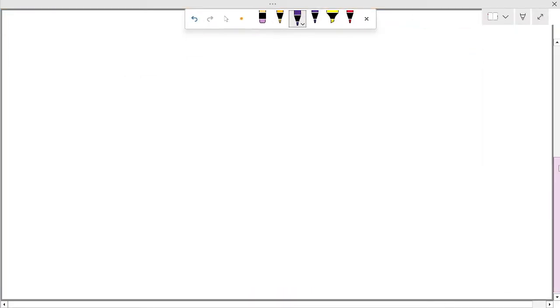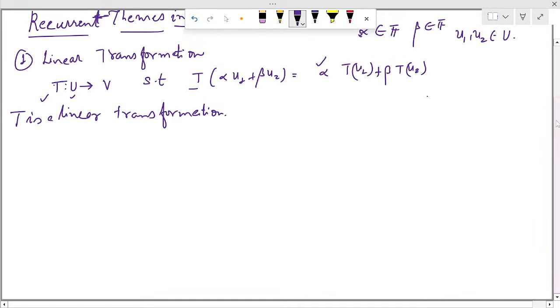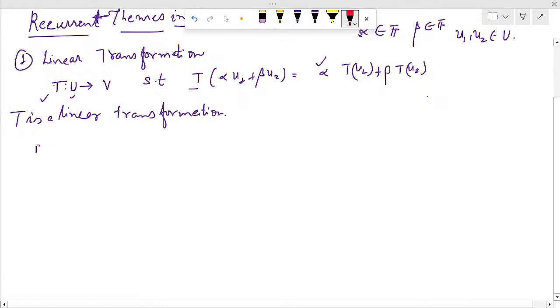Now say I give you one question, and you are asked whether it is a linear transformation or not.